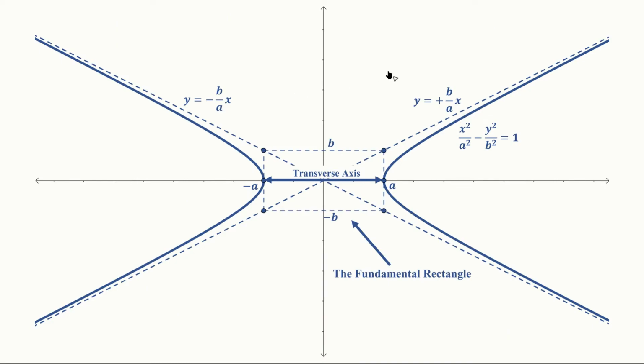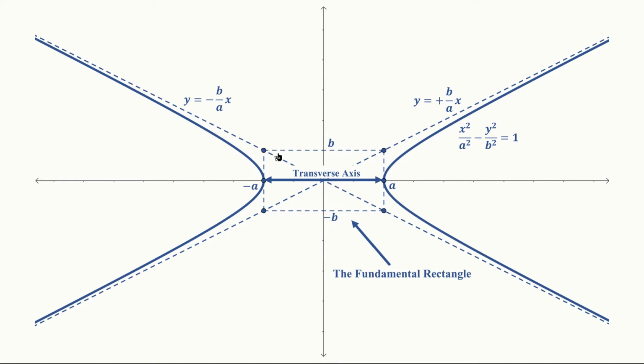So here's that graph in all its glory in a much larger format so we can see it more easily. So remember, we have a hyperbola with equation x squared over a squared minus y squared over b squared equals 1. We go ahead and form this fundamental rectangle, which is very easy. It comes from the a and the b in the equation, right?